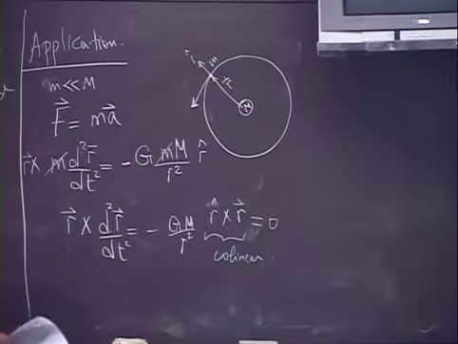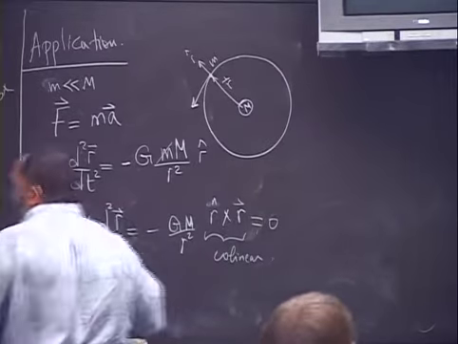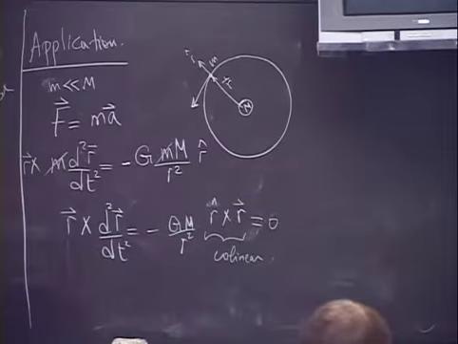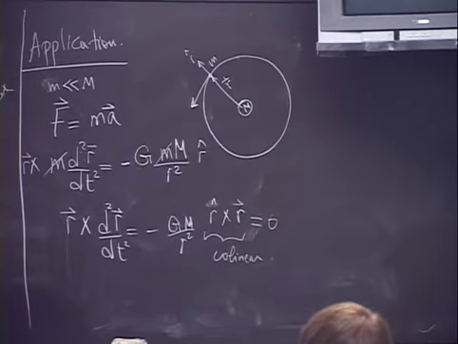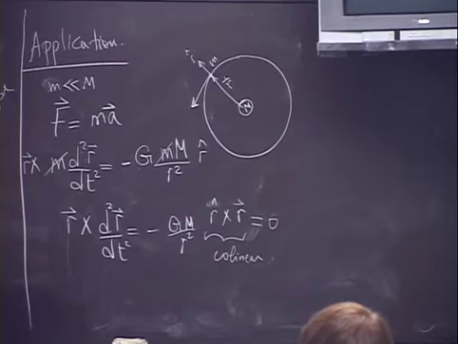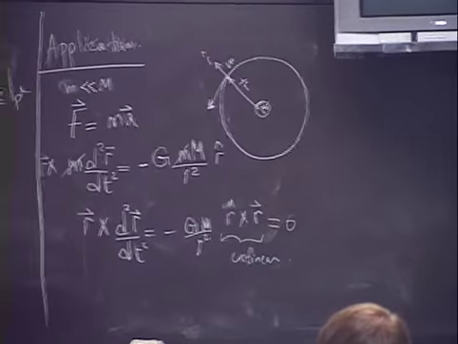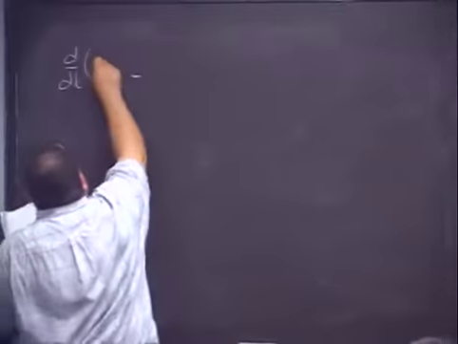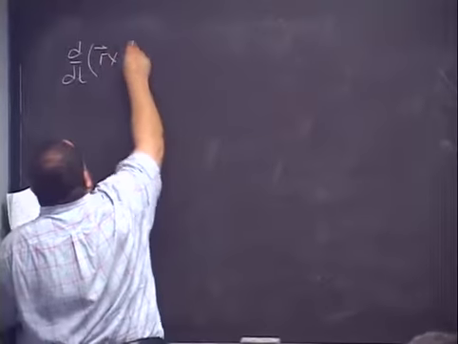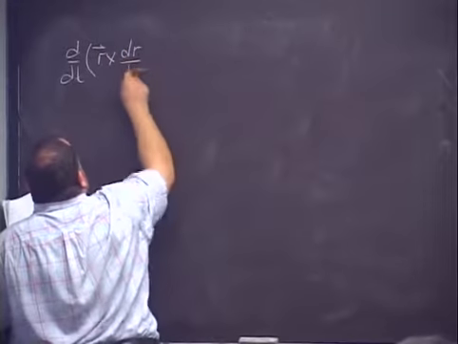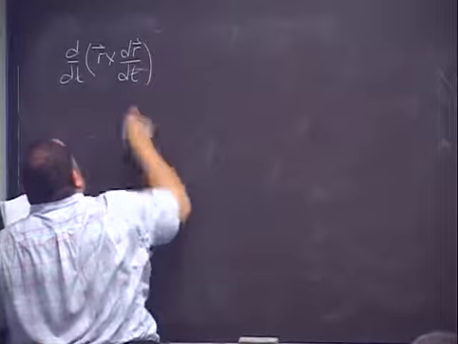Okay. But if I want to take the time derivative, to see what is the time derivative of r crossed with dr by dt, so d by dt of r crossed with dr by dt.